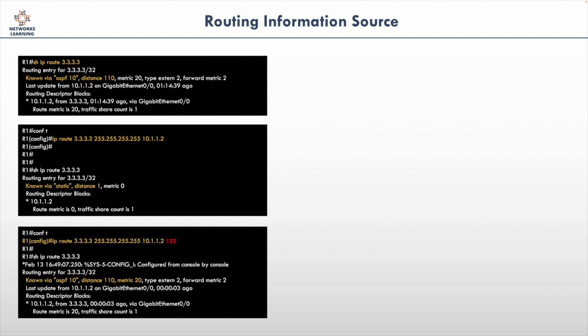If I go back and configure my same static route, but change the admin distance from the default 1 and configure 122, which is higher than the OSPF 110 admin distance, running a show ip route shows that the route is back to being preferred via OSPF. So this is an example of how you can manipulate the admin distance to prefer one route over the other.